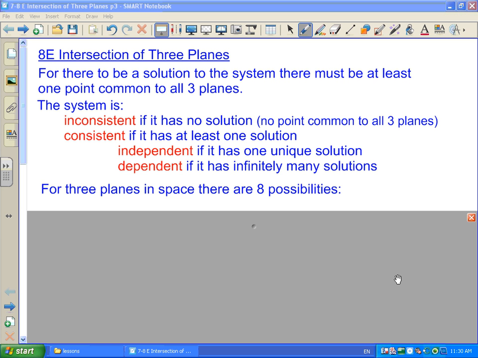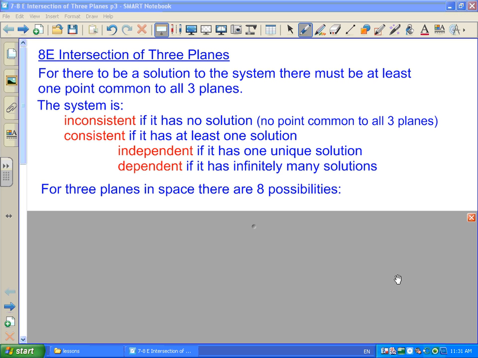Now, if we have at least one solution, then we're going to talk about how many solutions we have. We're going to say that this system is consistent and independent if it has only one unique solution, so our three planes intersect at a single point. Or we're going to say that it's consistent and dependent if instead of one single solution, we have infinitely many solutions.